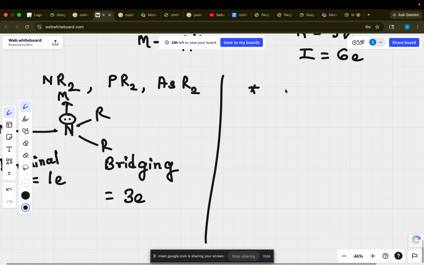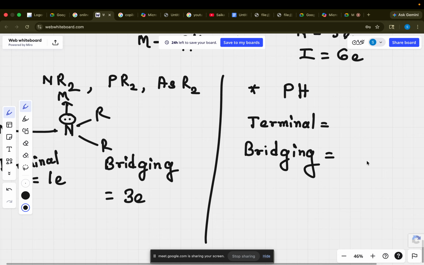Okay, what about this ligand, PH? Tell me, if it is acting as a terminal ligand, how many electrons will it donate? And when it is acting as a bridging ligand, how many electrons will it donate?